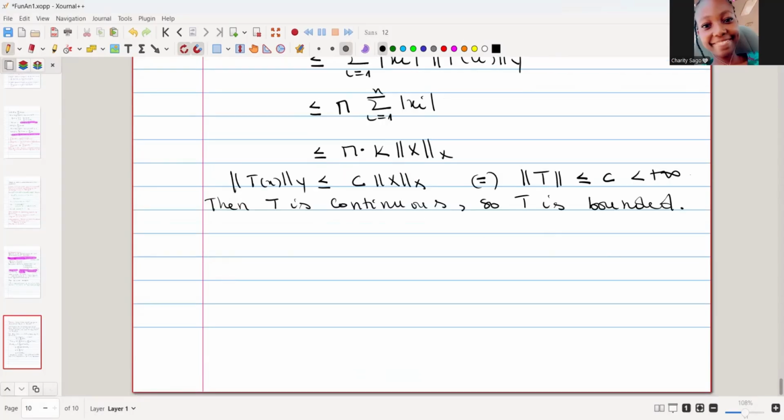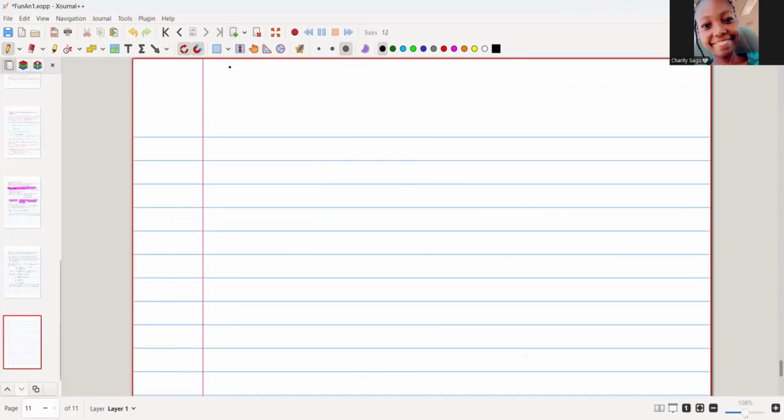Okay, so now we are going to do the last question of the day. So given a sequence of functions fn of x equal to 1 over x plus x power n, x in [0, 1].